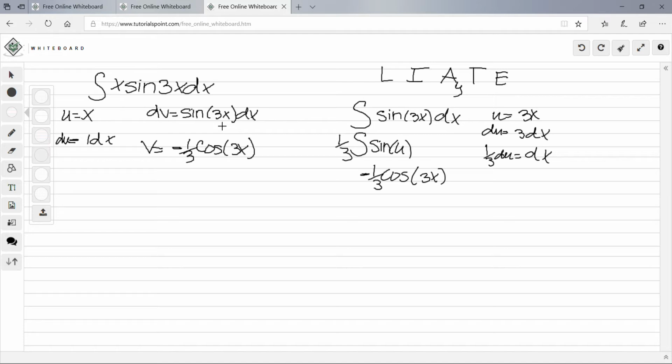Now, remember it's uv minus the integral of v du. So our u is x, and our v is this whole thing, so times negative 1/3 cosine of 3x.